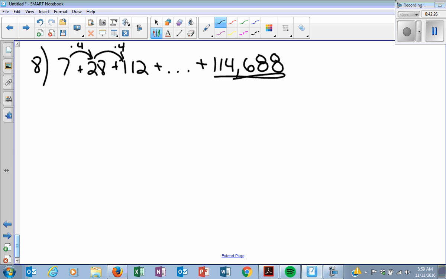So here's the information I know. I know my last term. G_n equals the first term, G_1, times the common ratio to the n minus 1 power.